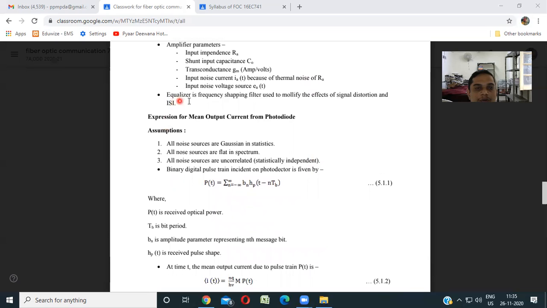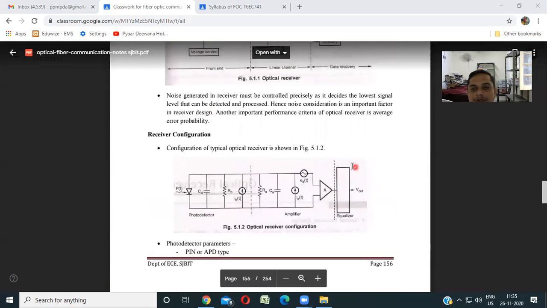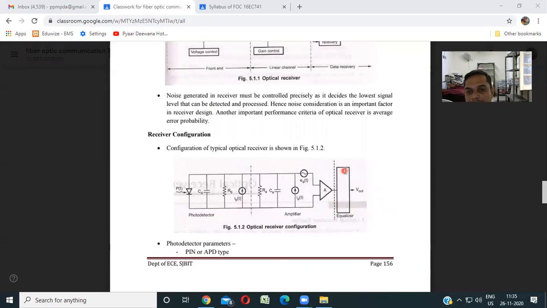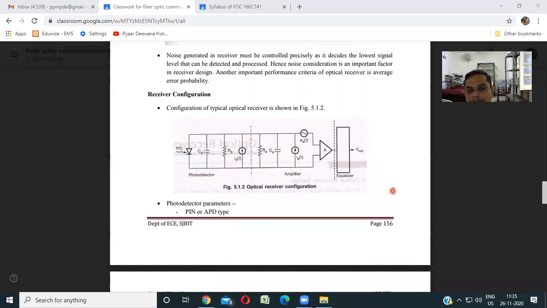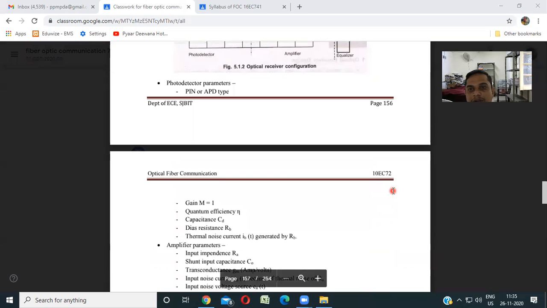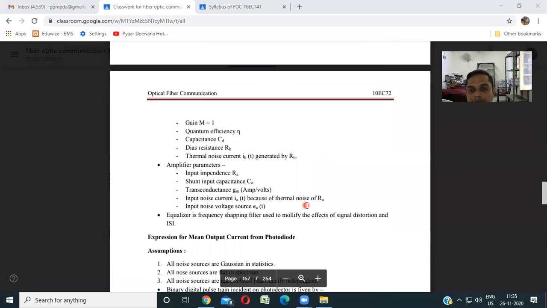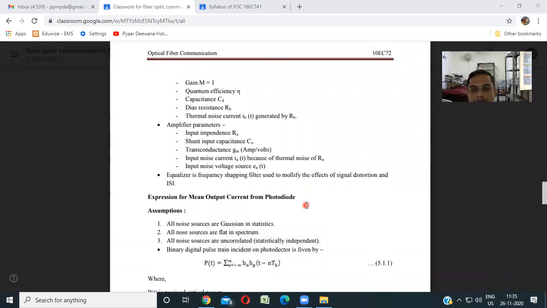Then finally we have the equalizer. So this is the equalizer, you can see here. The equalizer is used for shaping of the signal, a perfect shape we have to get at the output. Then the ISI and the signal distortion have to be removed.